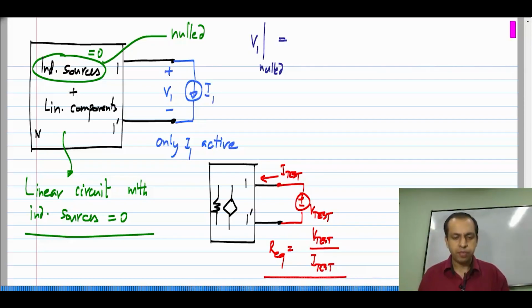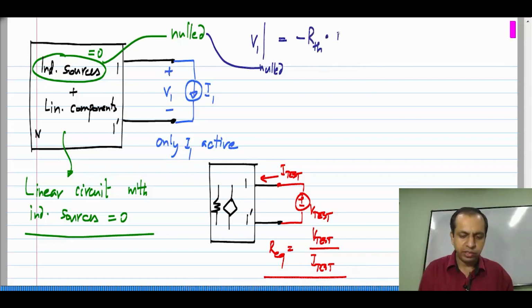Now, if you observe this, V is in the same polarity as this, but I1 is in the opposite polarity, it is being pulled out. So, R equivalent will appear with a negative sign. V1 with the independent sources nulled, this is the nulled source that I am referring to, will be minus some resistance times I1, where RTH is the resistance looking back into the circuit.